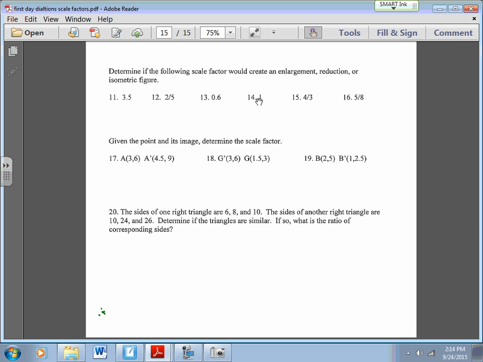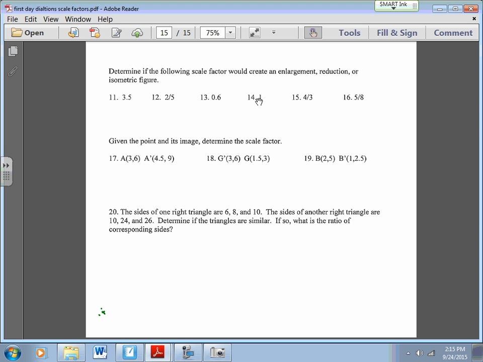The sides of one right triangle. Ooh, they said it's a right triangle. If we wanted to, we could have the Pythagorean theorem set up a little bit, but you notice it said the sides of one right triangle are 6, 8, and 10.